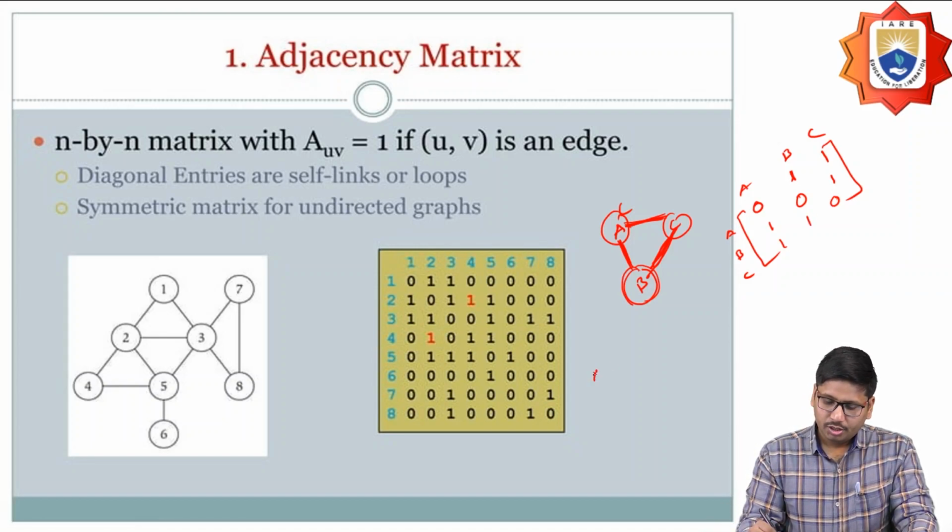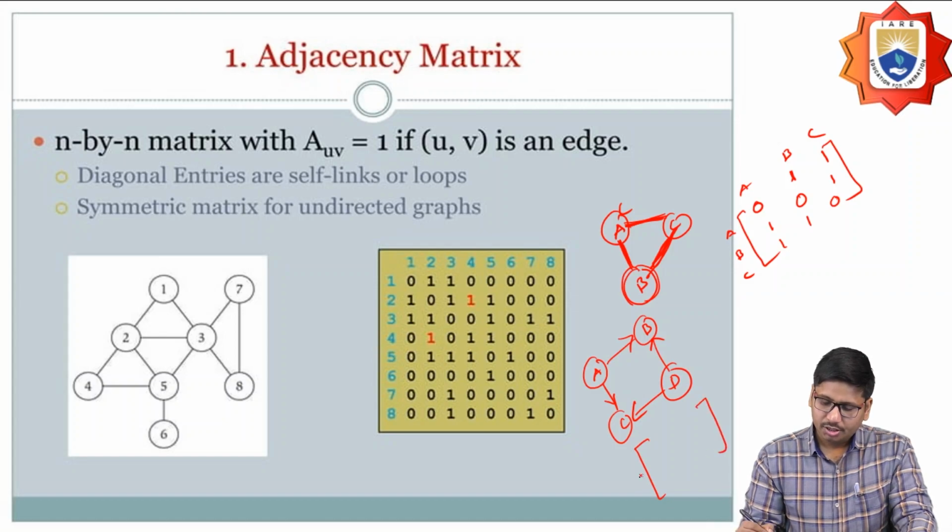Suppose I'm going to consider a directed graph like this. How this matrix should be represented is A, B, C, D. In this one, I have an edge from A to B and A to C, and for B there is no edge, so all are zeros here.